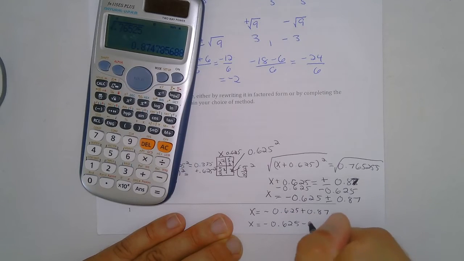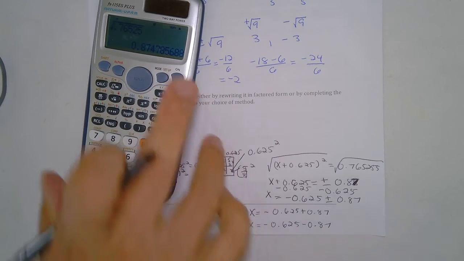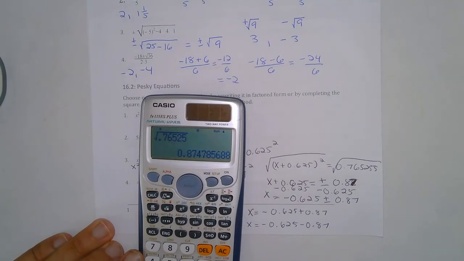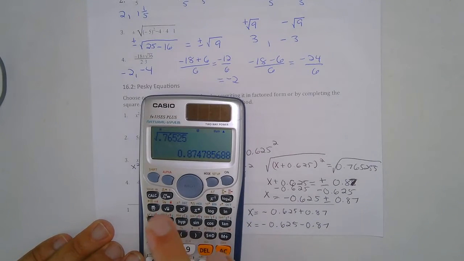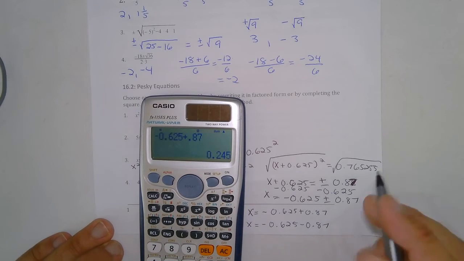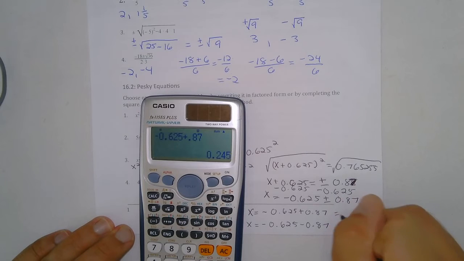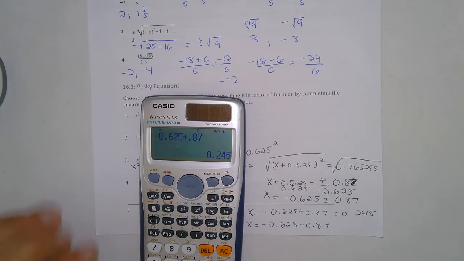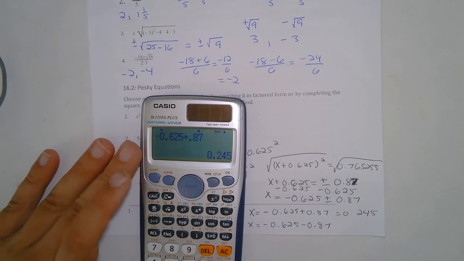0.625 minus 0.87. So on here, I'm going to press negative 0.625 plus 0.87, and you got 0.245, and then we're going to subtract that as well.